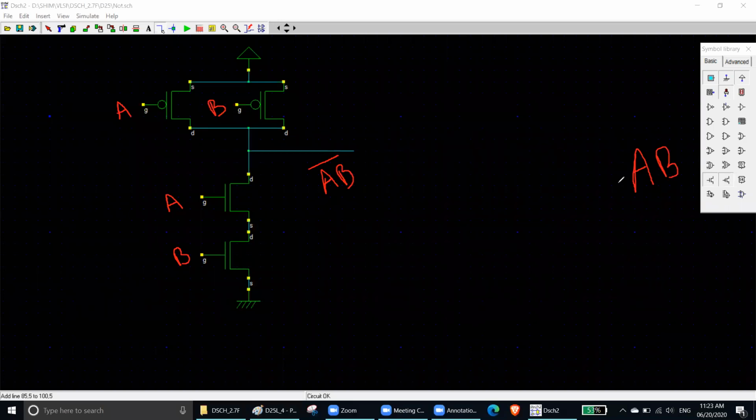We cannot design that by default, because I told you before, your CMOS will always give a bar at the output. So how to remove the bar? We have to remove it manually.